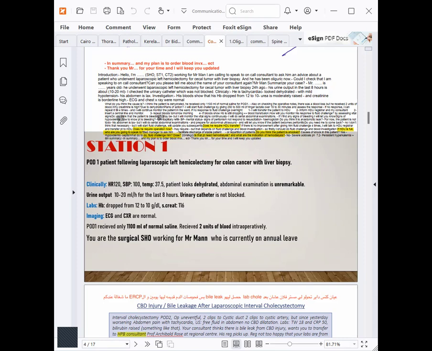Patient is dehydrated as he received only 1,100 ml normal saline for the first day post-operative, and I checked his data.